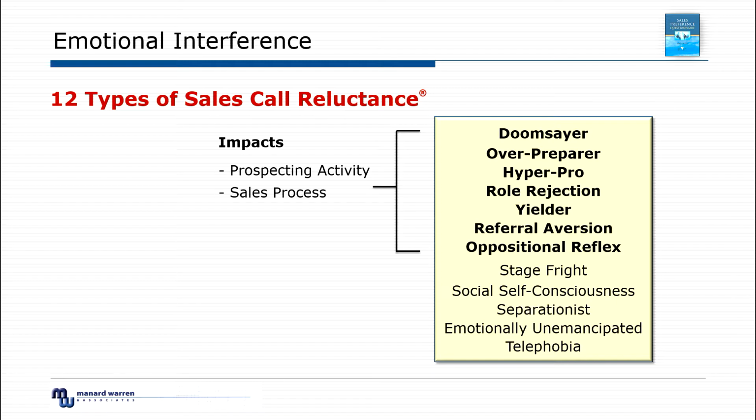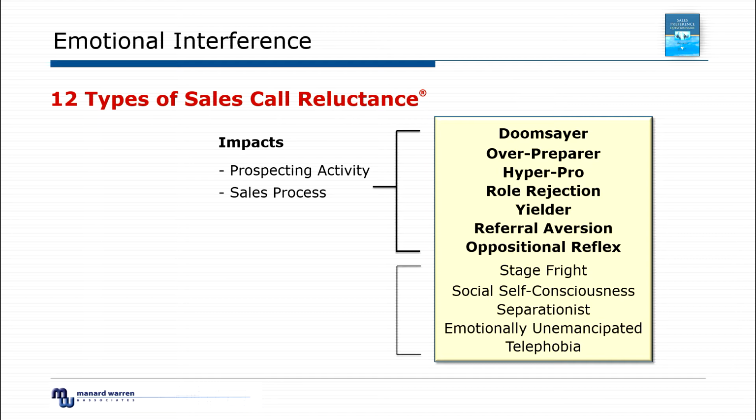So those are the big 7 types: doomsayer, overpreparer, hyperpro, role rejection, yielder, referral aversion, oppositional reflex. If you score in the yellow or red zone for those 7 types, my suggestion is to do a little bit more reading about these things and then make some determinations on whether you need to fix these things in your behaviors and in your thought processes.